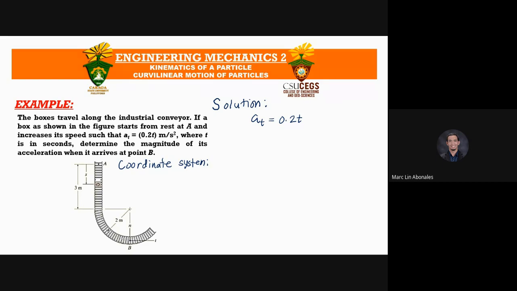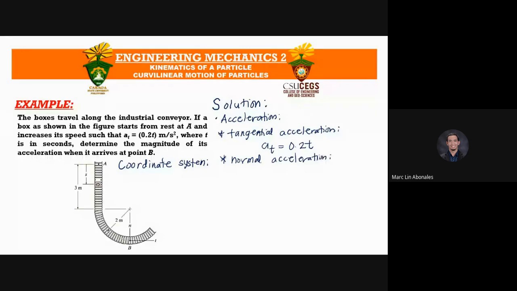So for the acceleration, the tangential acceleration is a_t is equal to 0.2t, and the normal acceleration uses the equation v squared over rho, for the radius of curvature.